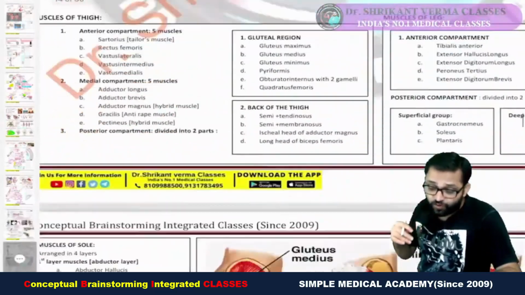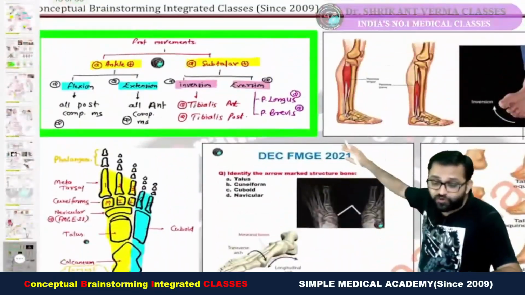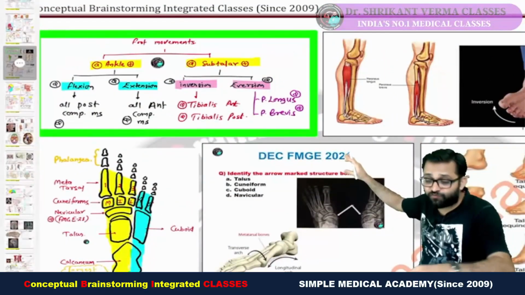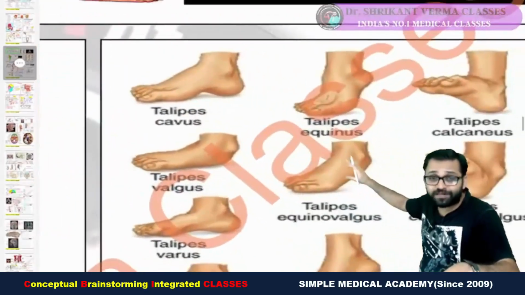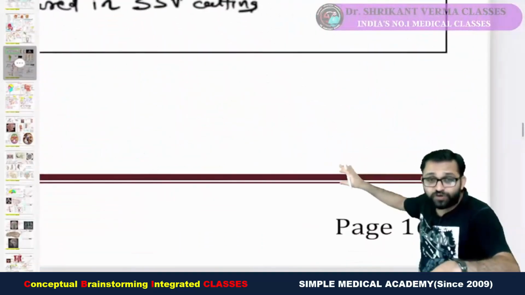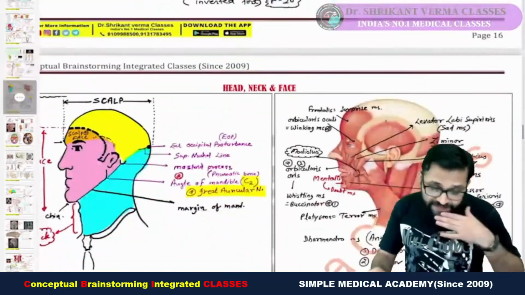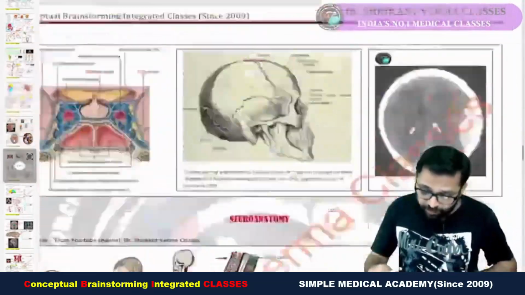Okay, and this was our lower limb part, and a question was asked from our arches of foot topic from the rapid revision of the anatomy. Okay, see here, you can follow page number 16. Fine, and then we are looking for our abdomen topic.